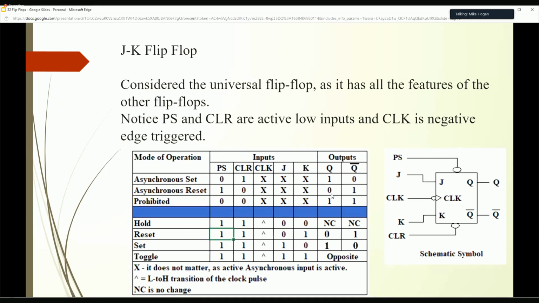So a 0 on Q, Q naught is a 1. Just like before, the prohibited state is when I have an active preset and clear. We're going to avoid that. We're going to stay away from that output. That's not an output that we can be assured of what it will be.